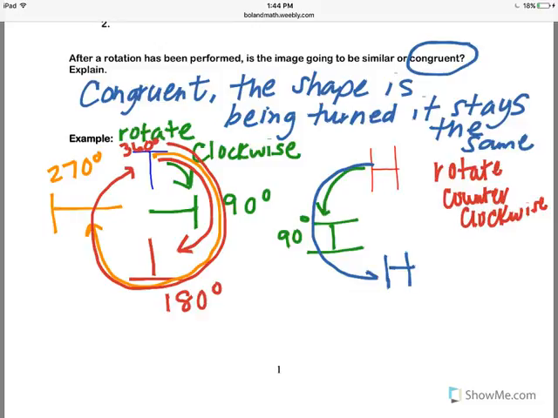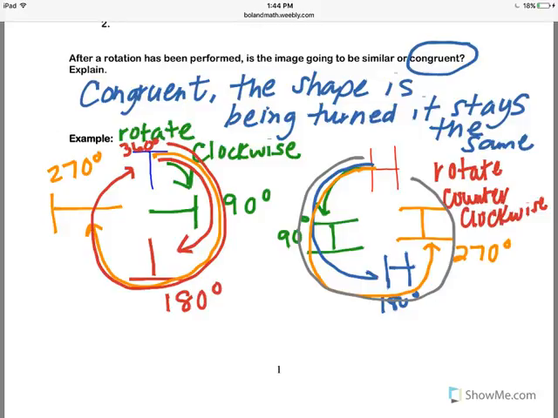And as you can see, it also looks like it's reflected. If we took the original H and moved it counterclockwise by 270, it would be in this position. And then if we went from the original all the way around back to its original position, this would be 360. Since we're moving it left, that's counterclockwise, as our T shape, we were moving it clockwise.